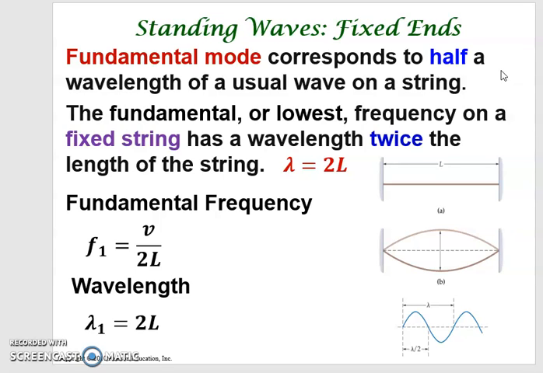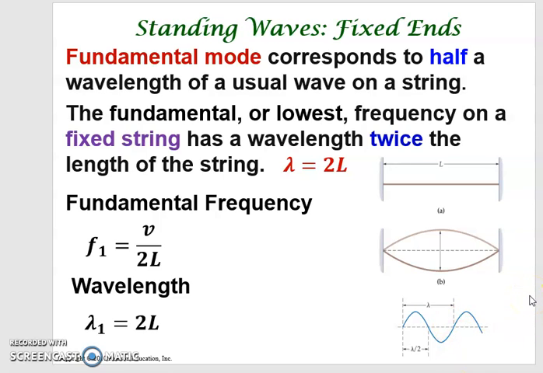Without doing any calculation, you know that if you have the distance L between the two fixed ends, then the wavelength for the fundamental mode will be 2 times L, because this is half the wavelength. The complete wavelength will be this one plus this one, so it is 2L.